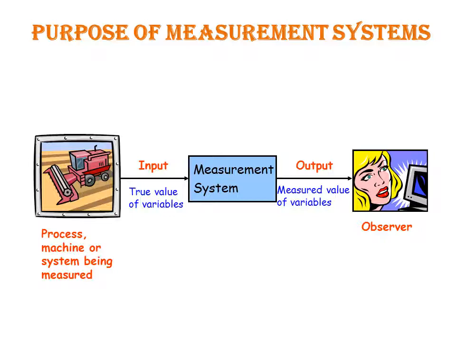Whichever process or a system which we want to measure, we get the input, that is the true value of the variables from these process and the system, and it is given to a measurement system where this data is being analyzed and it is being processed, and finally the output of the measurement system gives the observer the value of the measured process or the system. This is how a measurement system works.